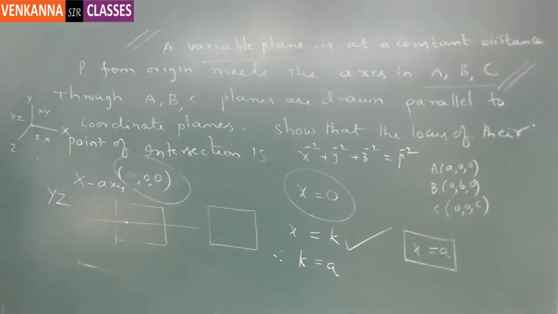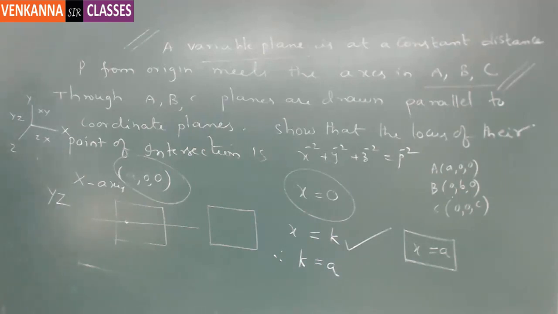You can take the constant as either positive or negative, right? So x plus k is equal to 0, or x is equal to k, is the right form. The plane parallel to x is equal to 0 is x is equal to k.